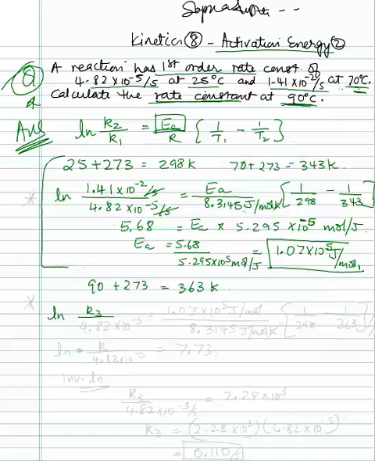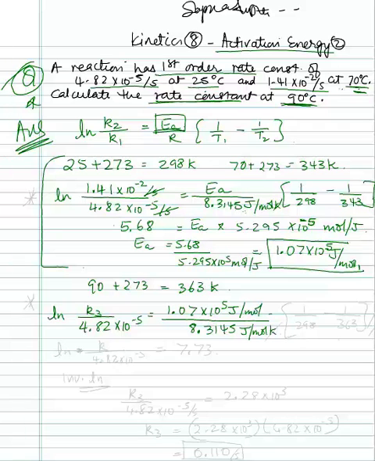4.82 times 10 to the negative 5 is equal to, and now we know our activation energy is 1.07 times 10 to the power of 5 joules per mole. And now you can see why I left it at joules, because I still have to use my gas constant, 8.3145 joules per mole Kelvin, because otherwise I have to convert it again.